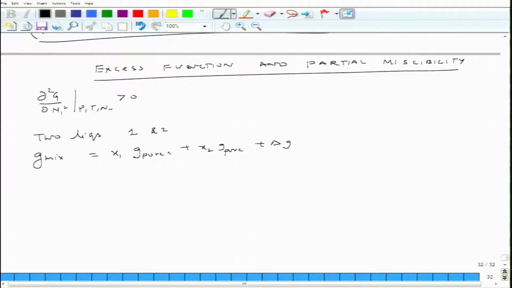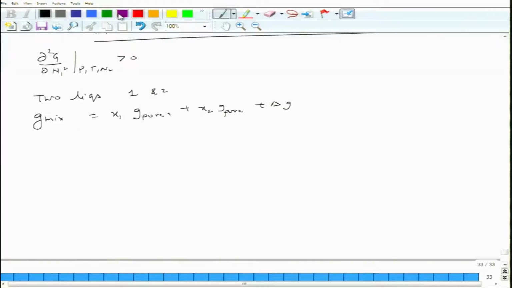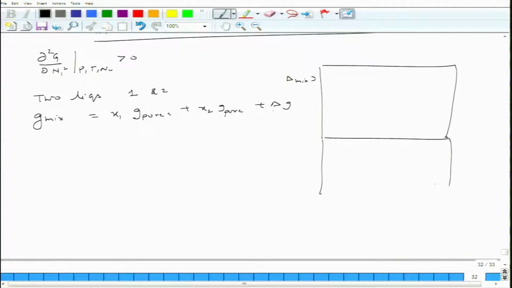Let me draw an interesting curve here. So, I am plotting delta mix G as a function of composition, and beneath here we have temperature versus composition.